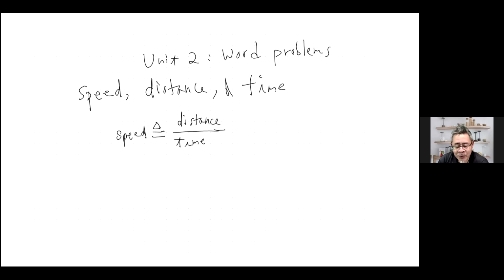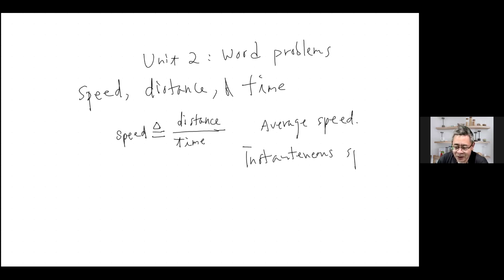Of course, this is what we call average speed. If you're driving a car, you have an average speed, but your instantaneous speed, that means at a particular moment, could be way over the average speed or way lower than the average speed.